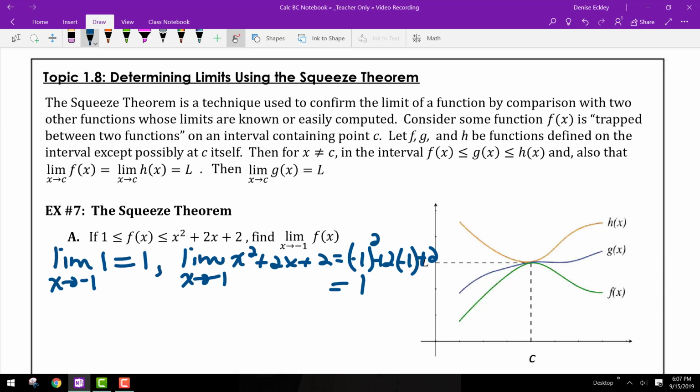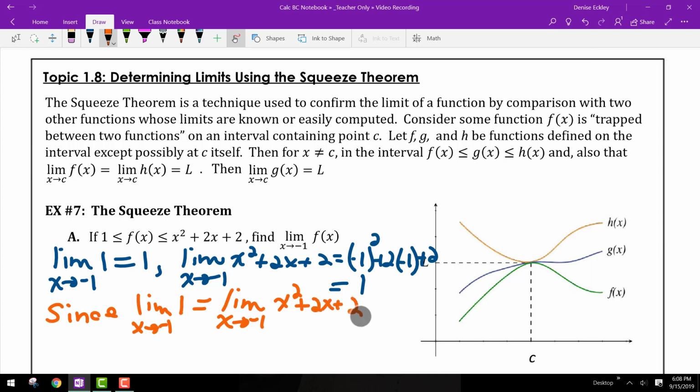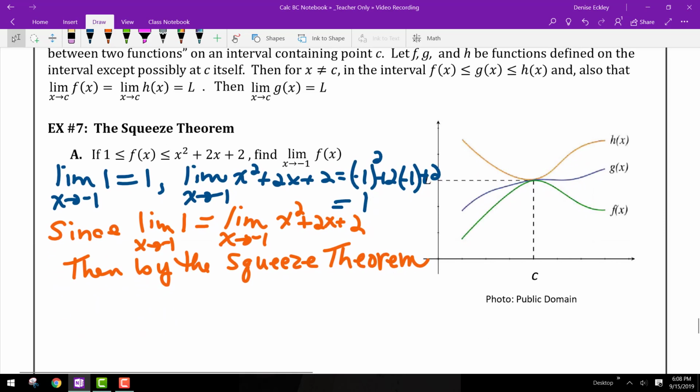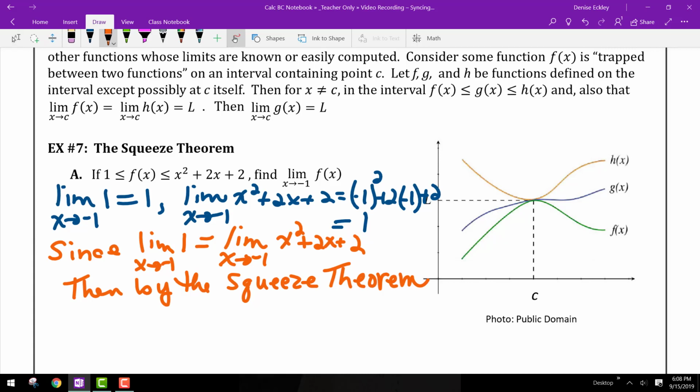So what we can see is that since the limit as x approaches -1 of 1 is equal to the limit as x approaches -1 of our parabola, x squared plus 2x plus 2, then by the squeeze theorem, the limit as x approaches -1 of f of x also has to equal 1.